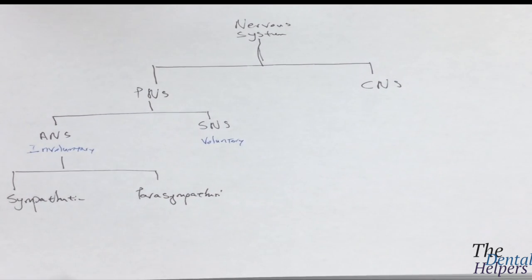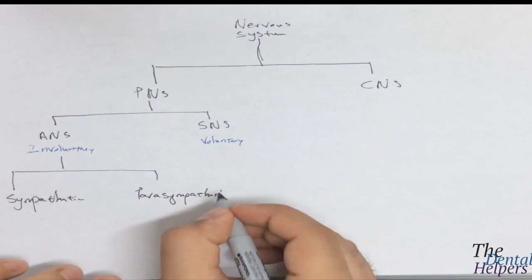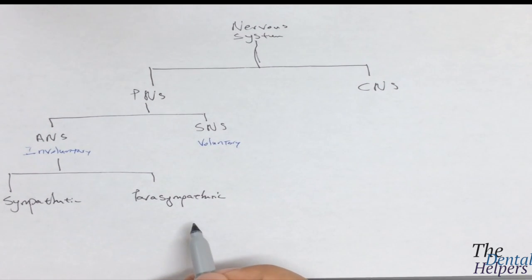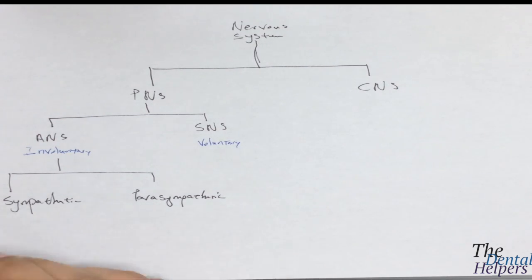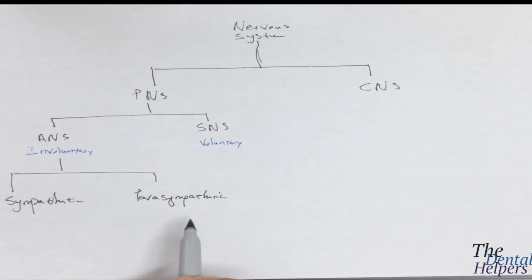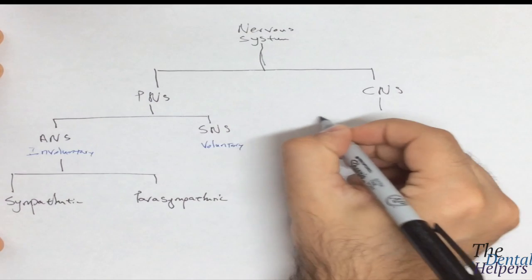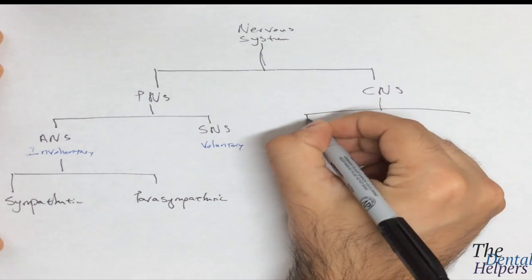The main neurotransmitter is noradrenaline, and this is the adrenergic system, while the parasympathetic is rest and relax, and the main neurotransmitter is acetylcholine and the cholinergic system. Now these two systems right here in the physiology videos we're going to go through and kind of break down what's happening.